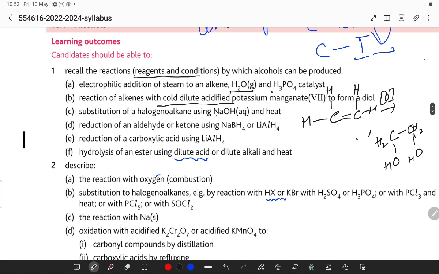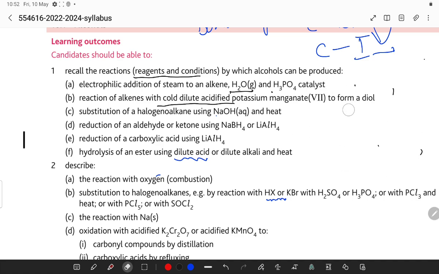Substitution of haloalkanes using sodium hydroxide aqueous. So this is the nucleophilic substitution, in the presence of haloalkanes, so substitution of haloalkanes using sodium hydroxide and heat.